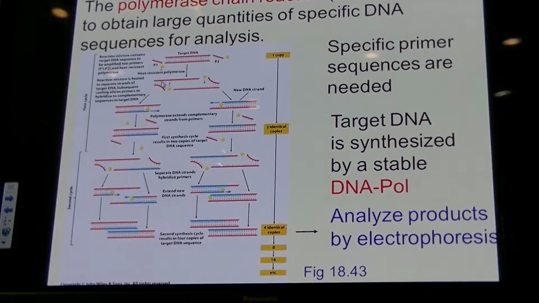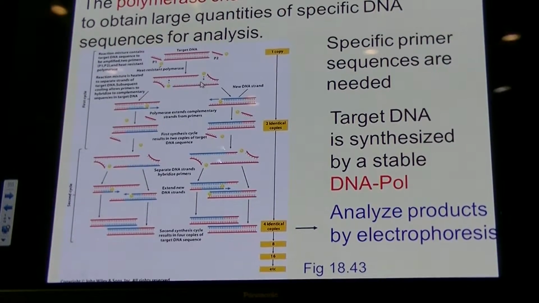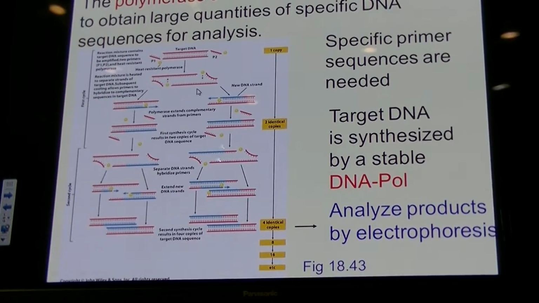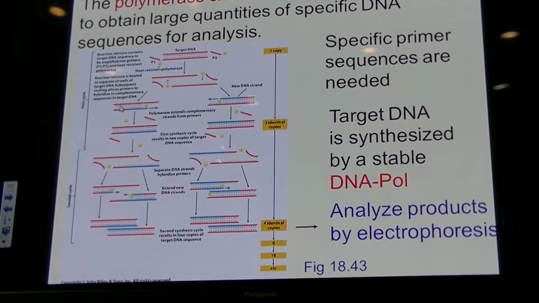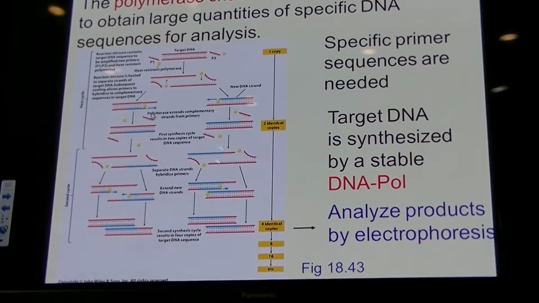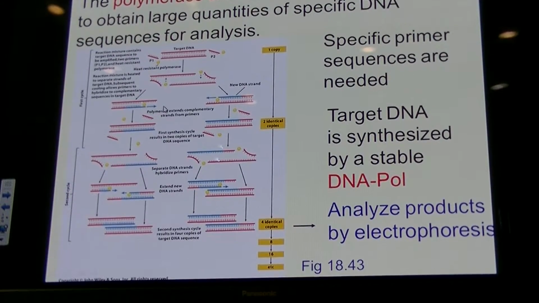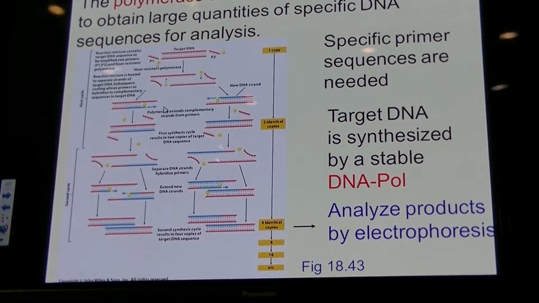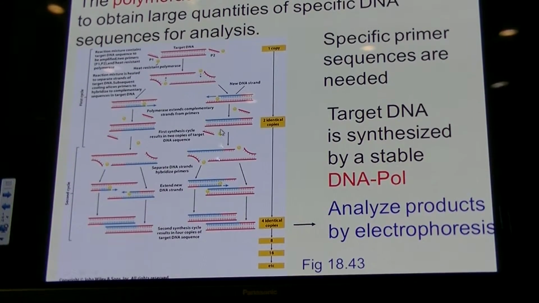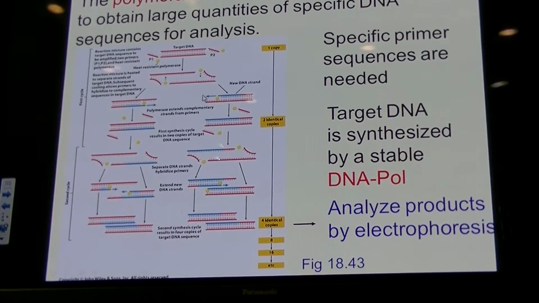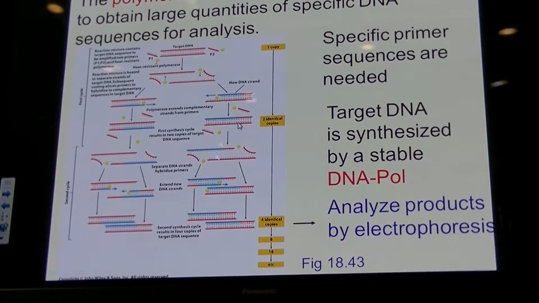The primers find their target sequence and they bind there. We call that hybridization. Then the primer that is bound to the target sequence can be extended by the DNA polymerase in the presence of the 4 subunit nucleotides. So then we have formed a copy. We had 1, and now we have 2 copies of that DNA.